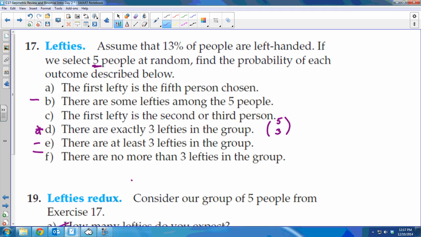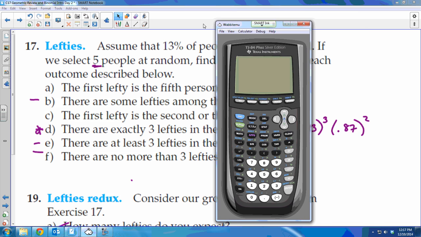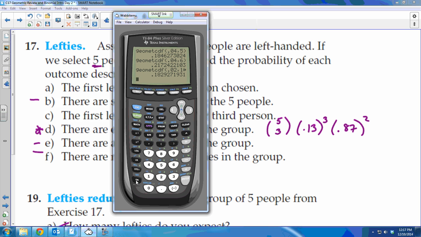What's the probability of getting a lefty? 0.13, so I want 3 of those. So what's the probability of not being a lefty? 0.87, and there's 2 of those. So in your calculator, if you're going to do combinations, you type in the top number first, 5, go to math, scroll over to probability, number 3 is combinations.